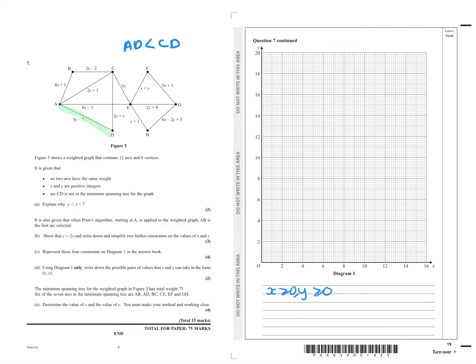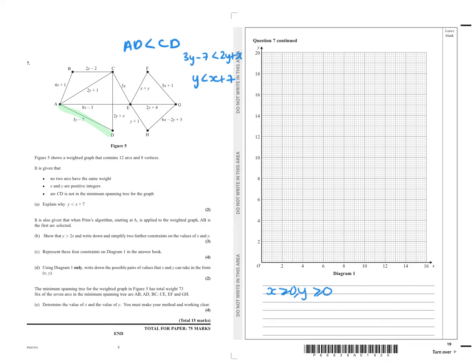Then it says, explain why y is less than x plus 7. I'm assuming it's got something to do with that, but it's just an assumption, so let's see if that works. AD, 3y minus 7, is that less than 2y plus x? Then I get y is less than x plus 7. Boom. You have to write on there that AD must be less than CD for the minimum spanning tree.